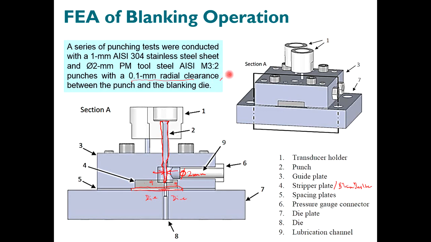This is the C. C is, we can say, 10%. In this case it is 10% of the punch diameter.